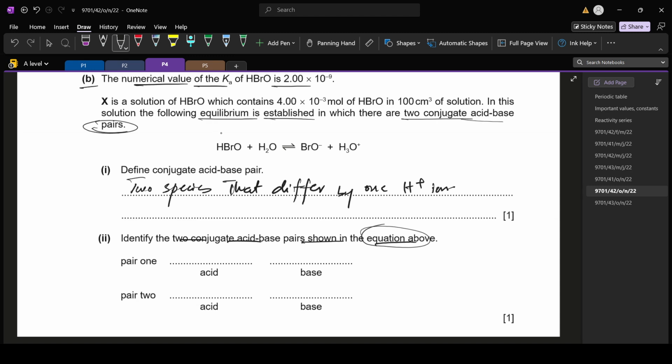So this is acid and this is its conjugate base, and this is base and this is its conjugate acid. So these are your 2 acid base pairs. The first acid is HBrO and its conjugate base is BrO minus, and the second acid is H3O plus, and its conjugate base is water.